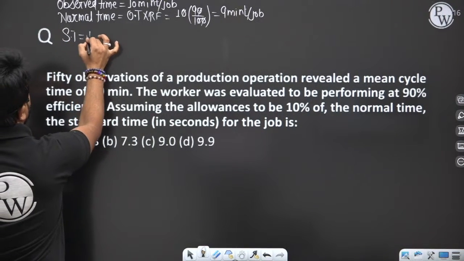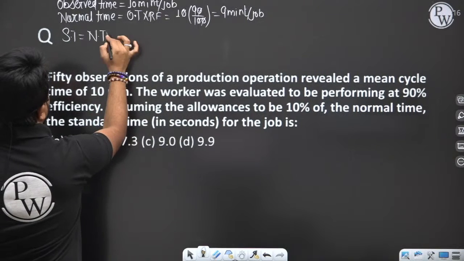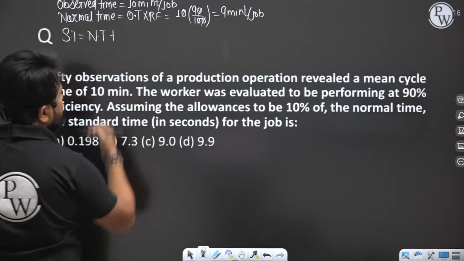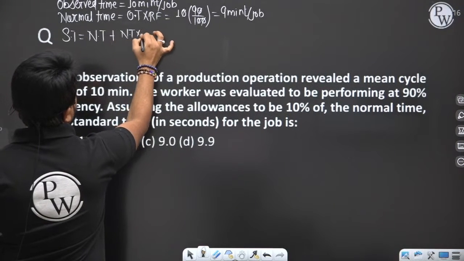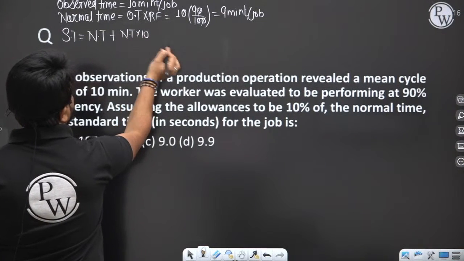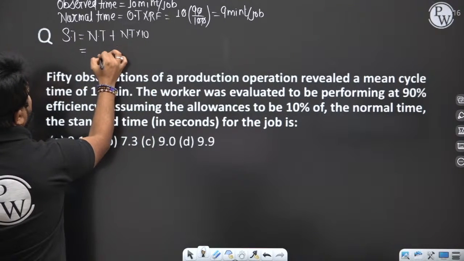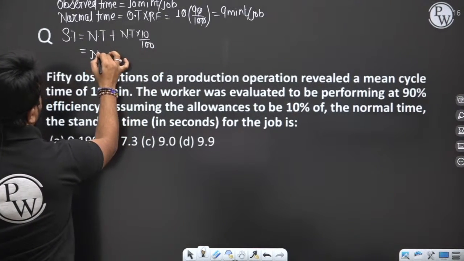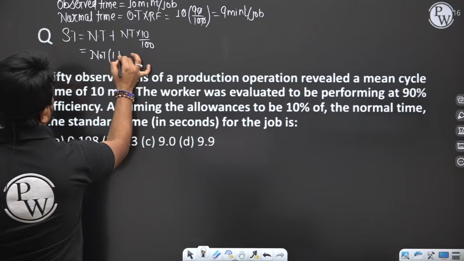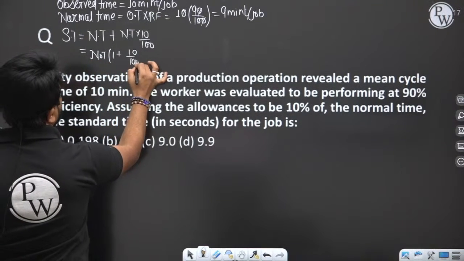Then the standard time is equal to normal time plus allowance. With an allowance of 10% of the normal time, it becomes normal time into (1 plus 10 by 100).